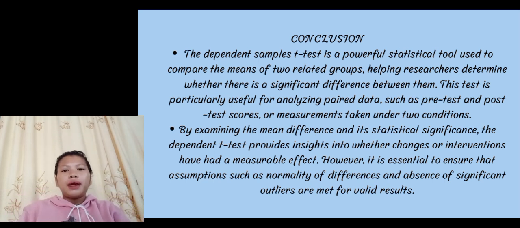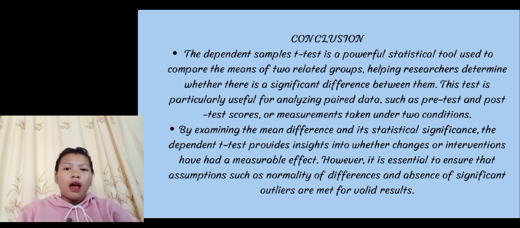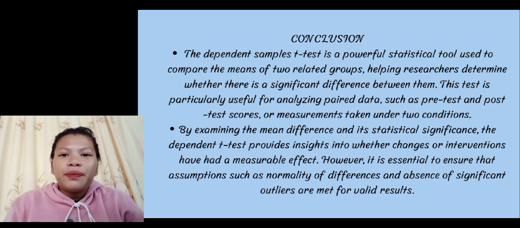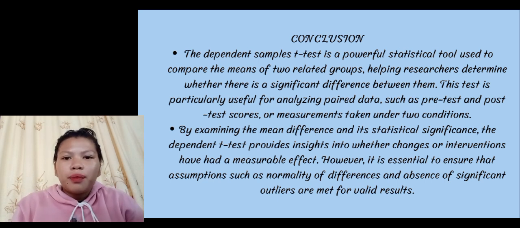By examining the mean difference and its statistical significance, the dependent t-test provides insight into whether a change or intervention has a measurable effect. However, it is essential to ensure that assumptions such as normality of differences and absence of significant outliers are met for valid results. Thank you.